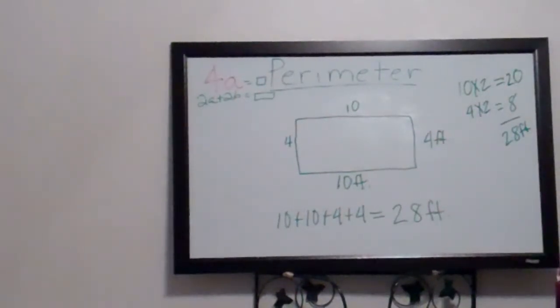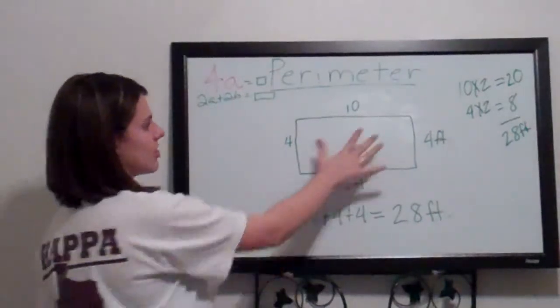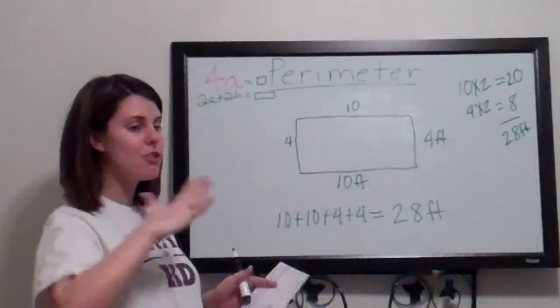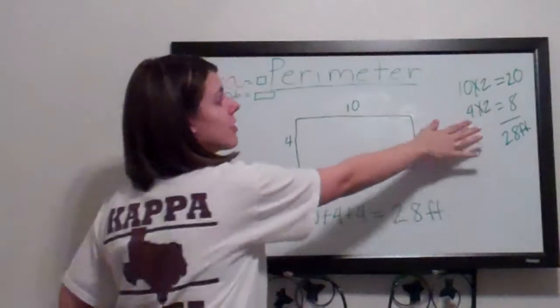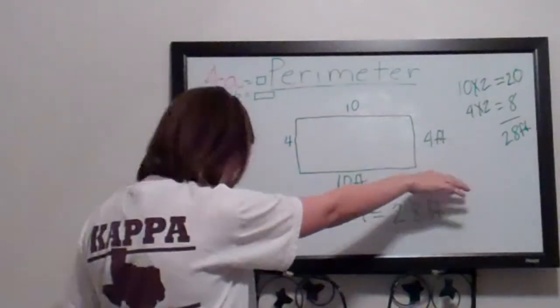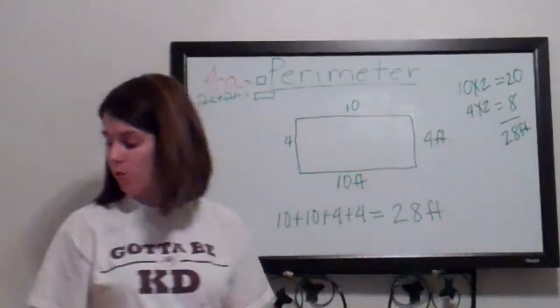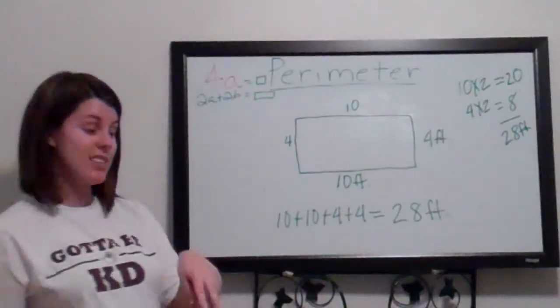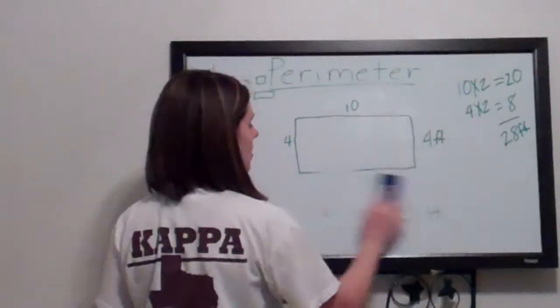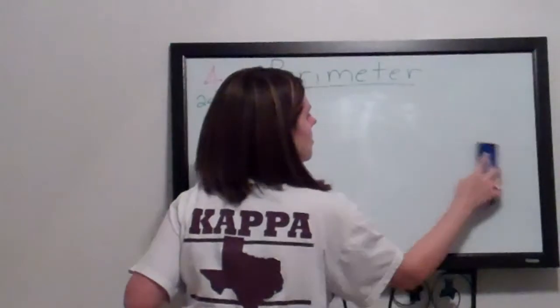And I really like how you labeled your answer. Thank you very much. See how she started by adding up all her sides, the super easy way, and then she also multiplied, looking back at our formula for the perimeter of a rectangle, and this helped her check her answer. She got the same thing twice, so you know you got it right.